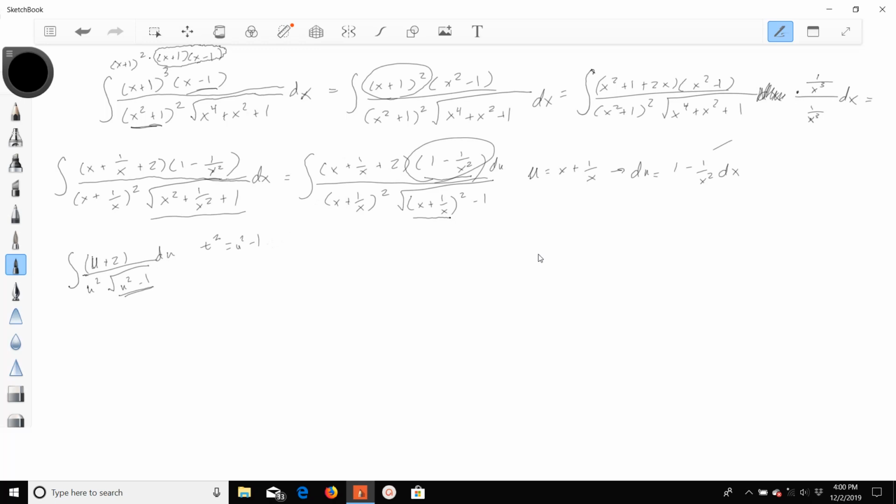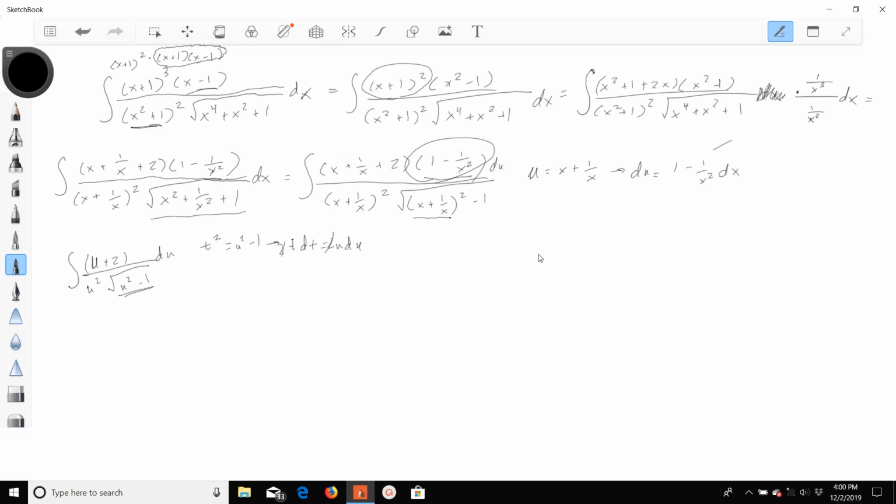That implies that t dt is equal to u du. You'd really have 2's here, but they cancel out. So now t dt is equal to u du. That's kind of cool to say.